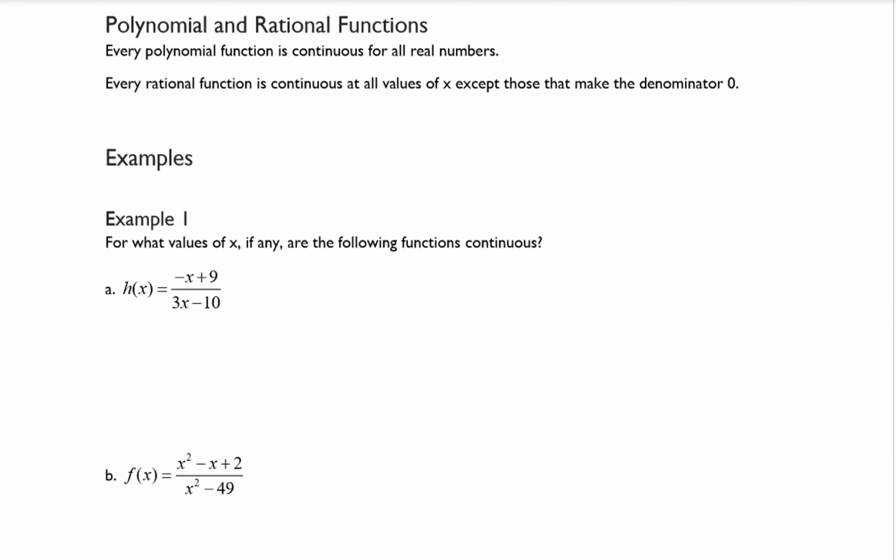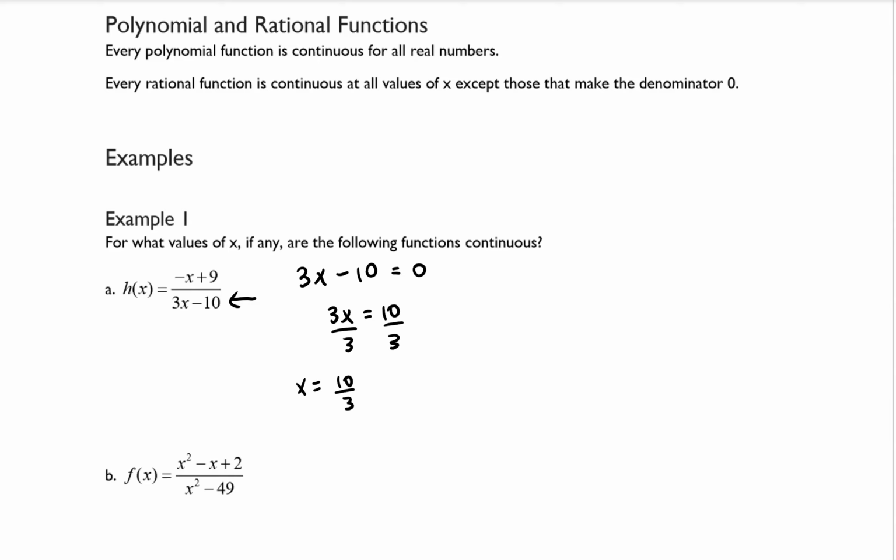So what you can do is set the denominator equal to 0 and solve for the x value that will make the denominator 0. So I'm going to take our denominator, 3x minus 10, and set it equal to 0. From here, I'm going to add 10 to both sides, and then divide by 3 on both sides. So we end up getting x is equal to 10/3.